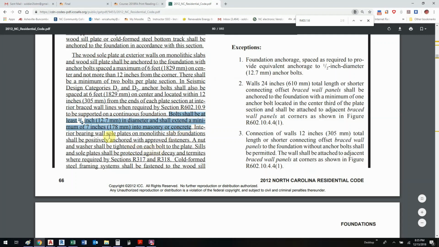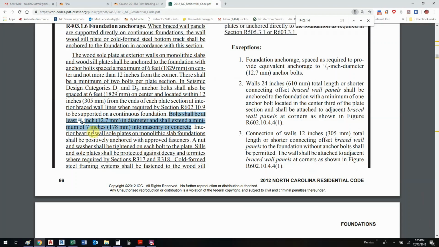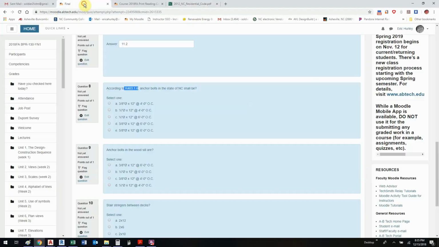So if it's sitting 7 inches into it, you have a 1.5 inch mud sill on it. That would be 8.5 inches, and then you have to have some on top of that. So all in all, 12 inches is the only bolt that's going to be sold.